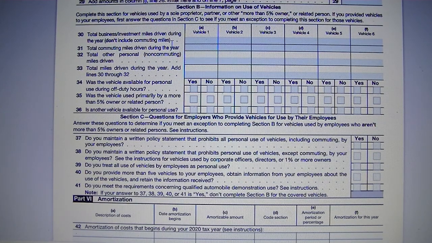It's good to track the total mileage, the mileage you use for business, and the mileage you use for commuting and everything else, so that you can calculate the appropriate business mileage to record and claim the standard deduction on.